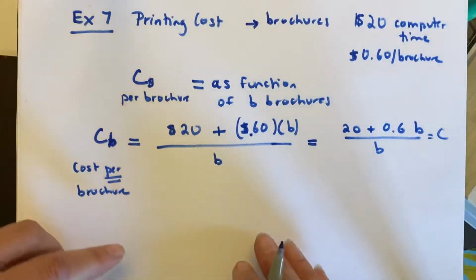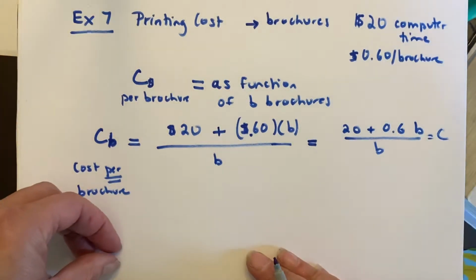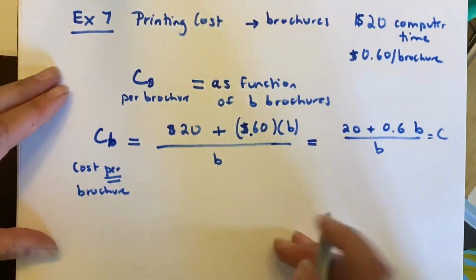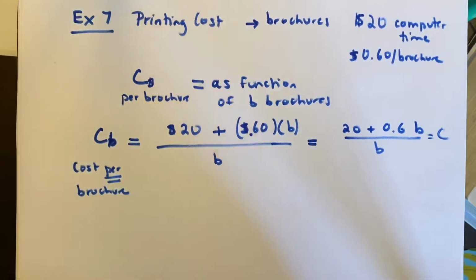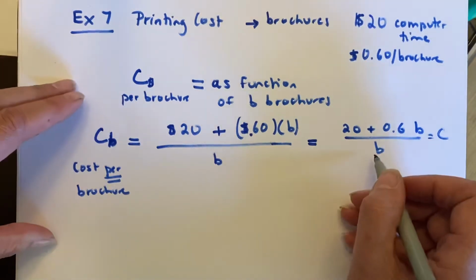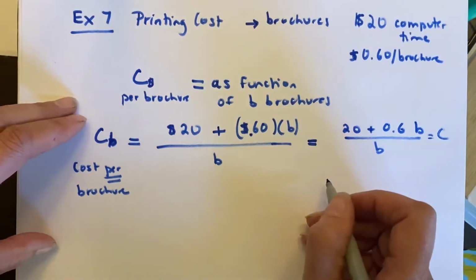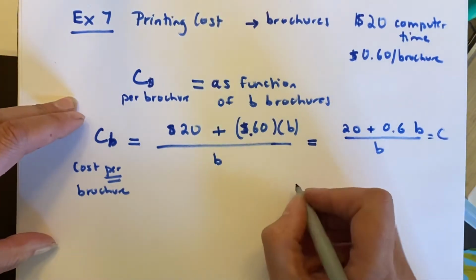If you look at the guided practice, they're asking what is the cost of a brochure. They're saying graph the function. That's the second portion. Well, graphing the function is really just a question of looking at your asymptotes. To graph it, I would take this function and simplify it.